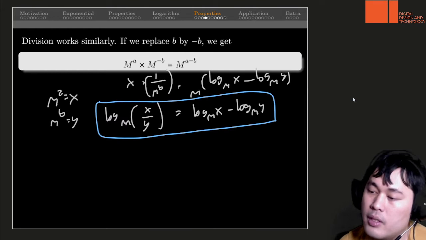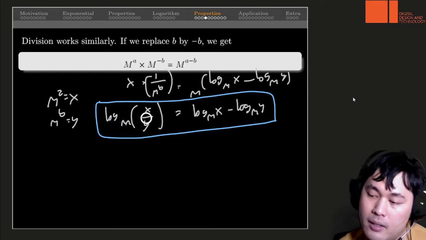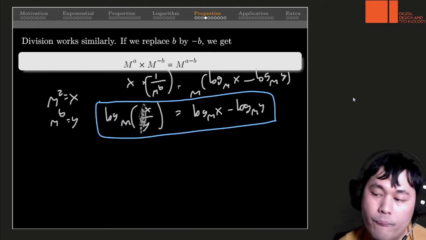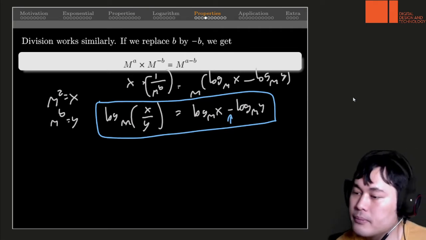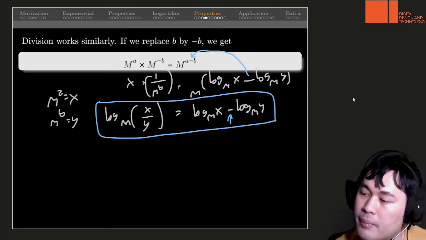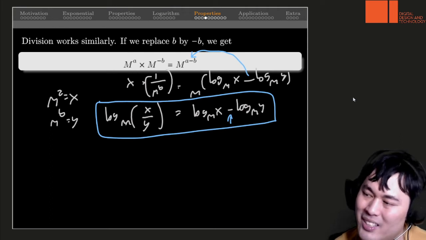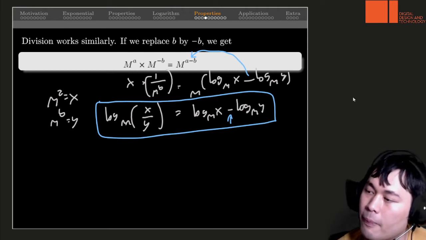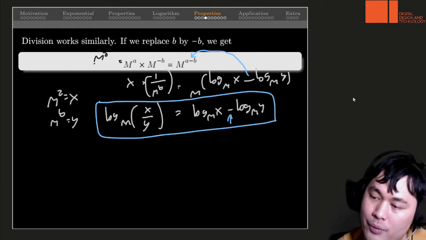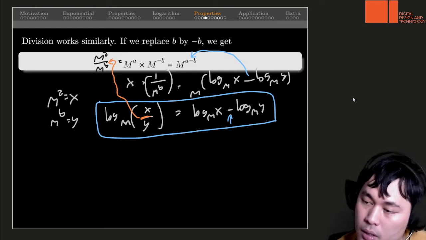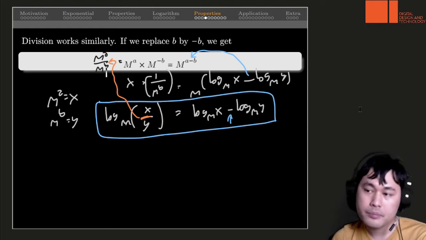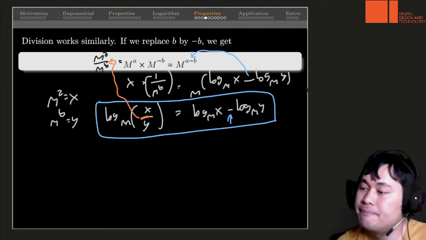Instead of multiplying, we use the division. We simply replace that plus by minus. And again, this plus comes from that, and the division actually comes from this. If you write it this way, m to the a over m to the b, this is where the division came from. So that's the second one.